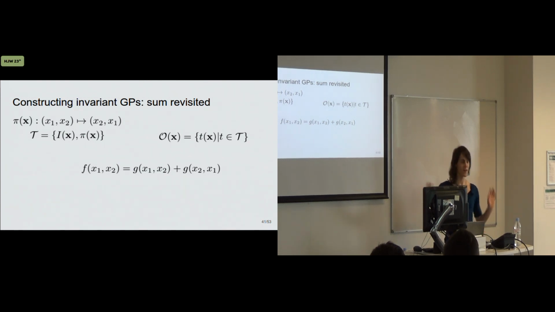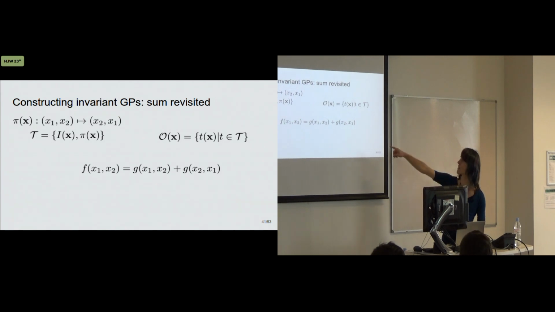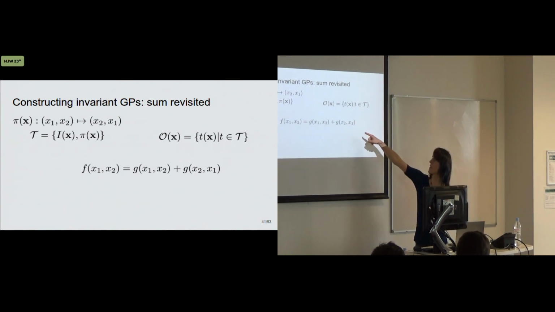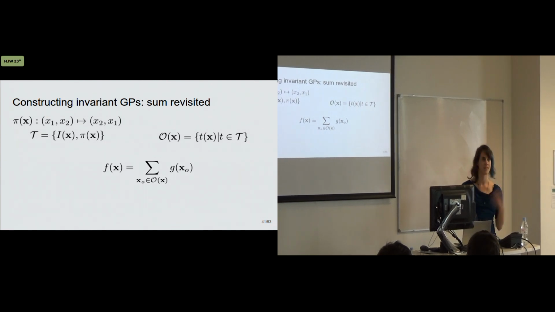Going back to the sum, we've now defined what an orbit is. We get an orbit of a point based on all the transformations. For the toy example of 2D permutation symmetry, we can just rewrite that as a sum over the orbit, and this is now a generally applicable thing. Why is this function invariant under our transformations?